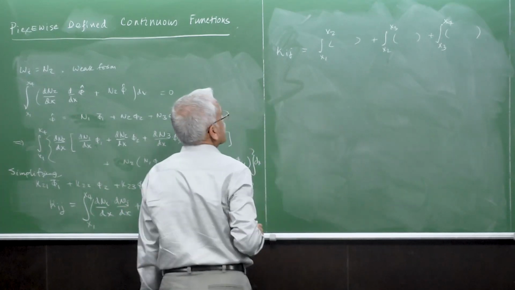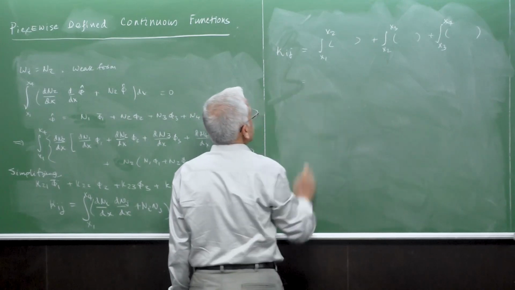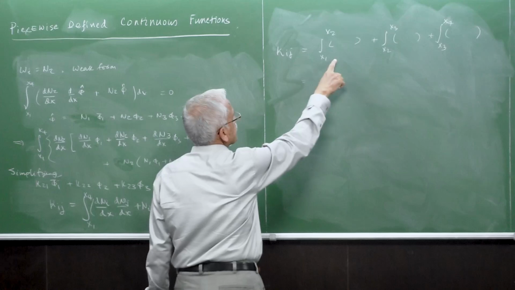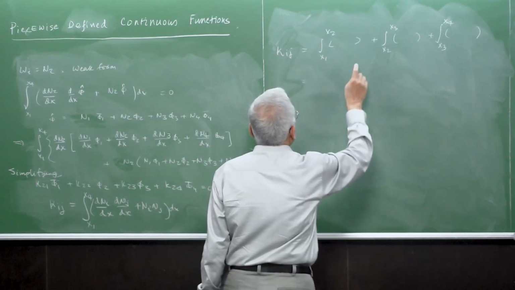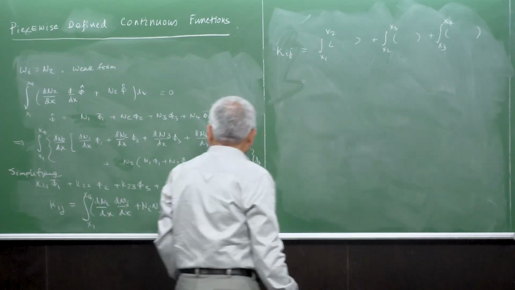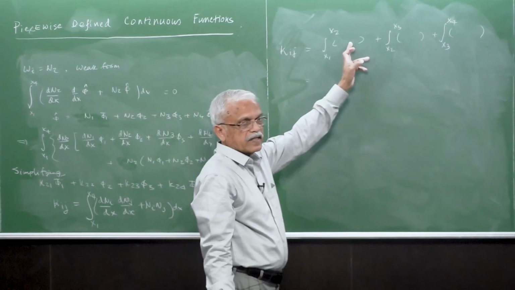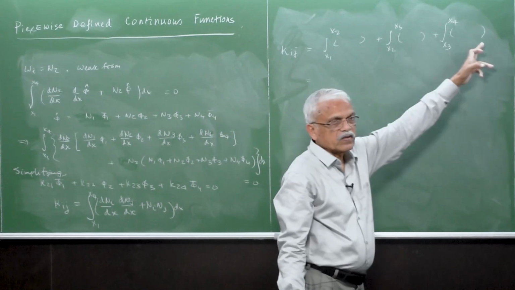The same thing you can write here. In which case this is domain 1, this is domain 2 and domain 3. Then the Ni, Nj, whatever, have to be taken appropriately for this domain.